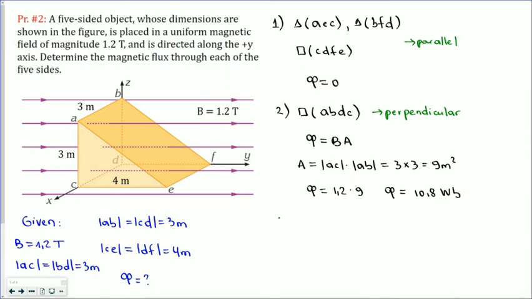And in the third section, we have a plane which is at an angle with the magnetic field lines. This is the parallelogram ABFE. This is at some angle.